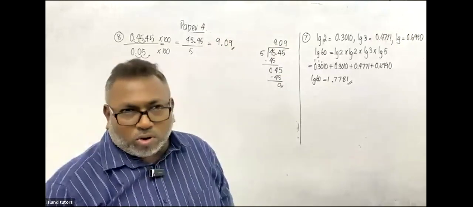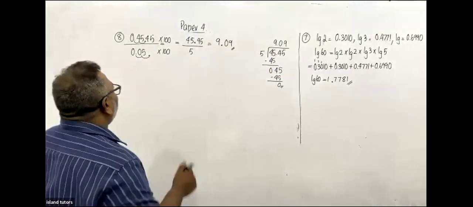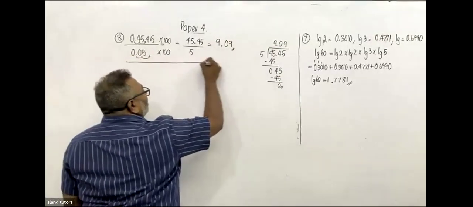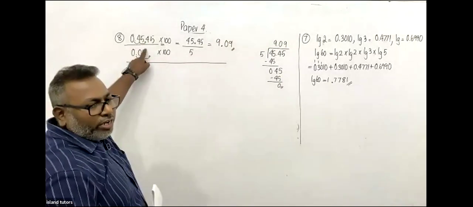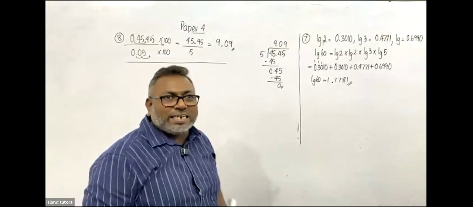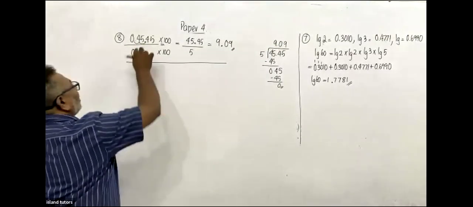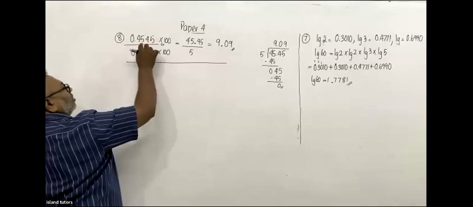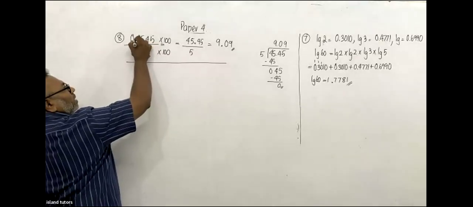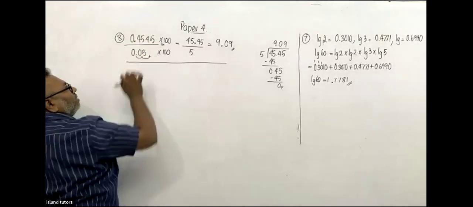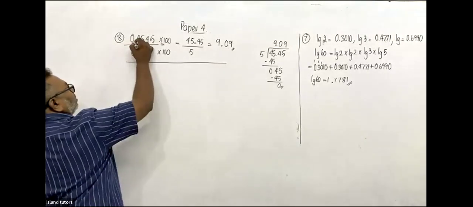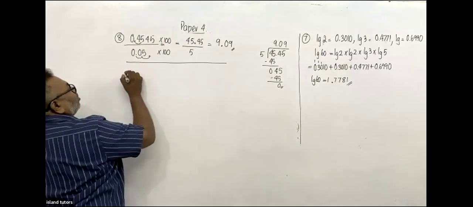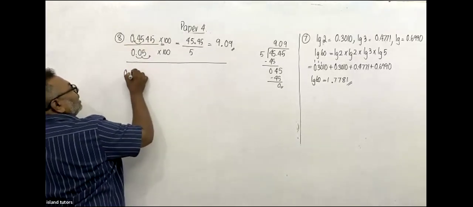Let's do the log form also, and see if you're getting the same answer. So log, first step, what do you do? You write the number in scientific notation. That means you have to write the first digit between 1 and 10. So you have to move your decimal point 1 place to the right. So I'll just rewrite this for you.